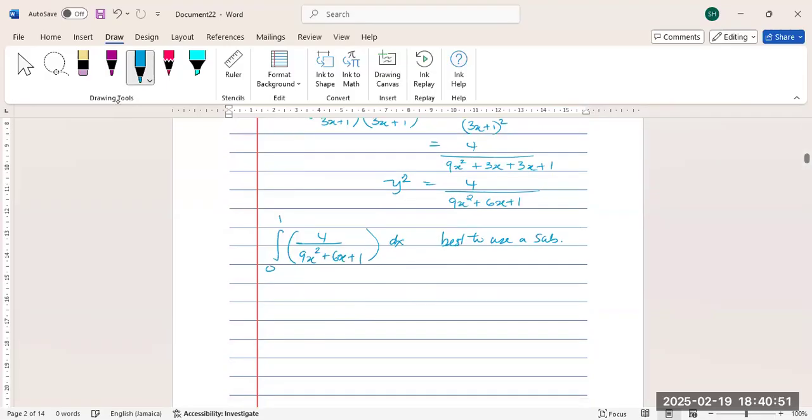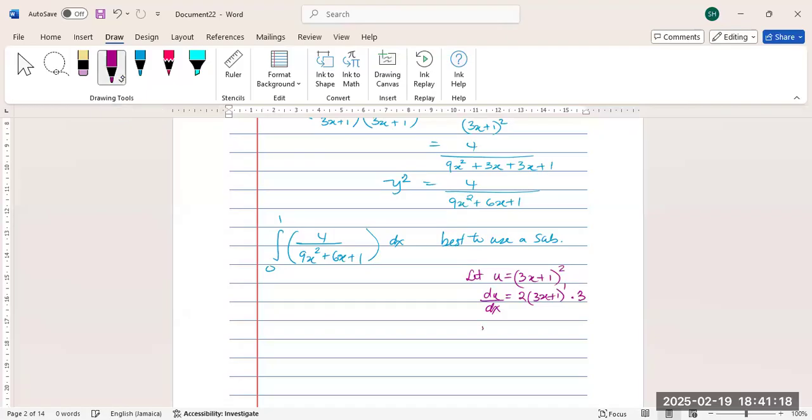What if I say, let u be equal to 3x plus 1, all squared. I'm going to find du by dx. It's going to be 2 times 3x plus 1 to the first times 3.